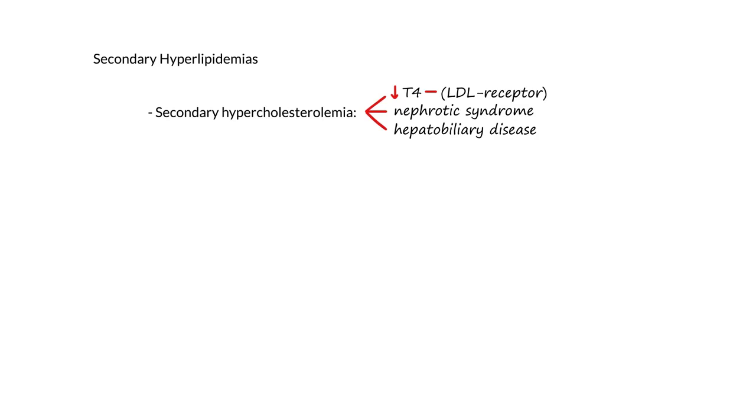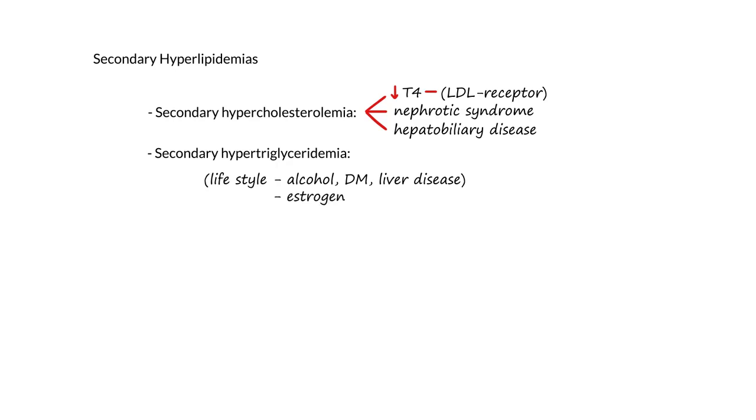When we talk about hypertriglyceridemia, these tend to be abnormalities of lifestyle. So when you see your alcoholics, diabetics, people with liver disease, and last but not least, women who are put on the birth control pill for estrogen, all of these patients can develop hypertriglyceridemia.